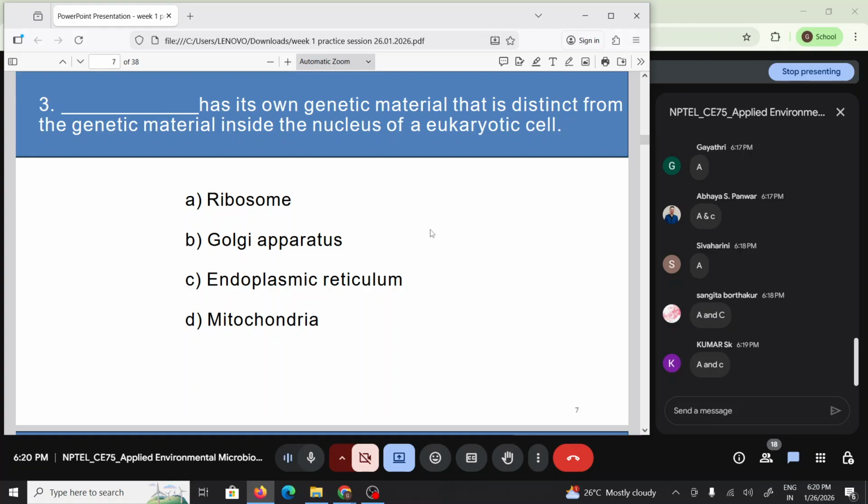So the next question is which of the organelles has its own genetic material? Mitochondria. Exactly.